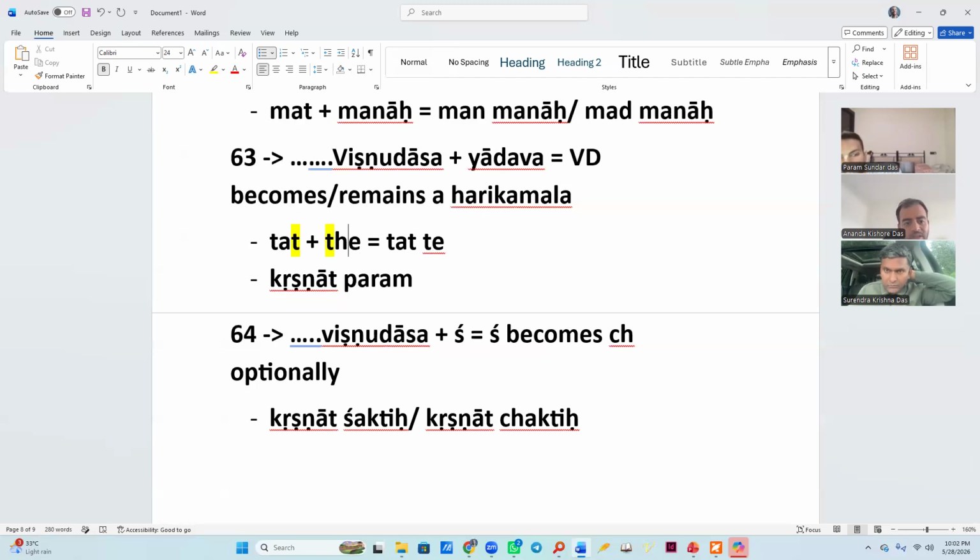Yeah, Tat would remain Tat and Te will be Te. Oh, okay. So I thought both become Hari Kamala. No, only the first one becomes Hari Kamala. Yeah, the second one remains as it is. Okay.